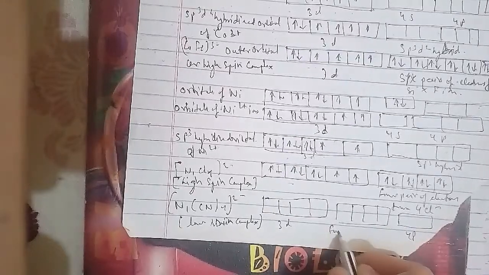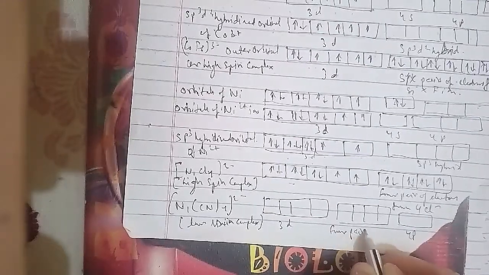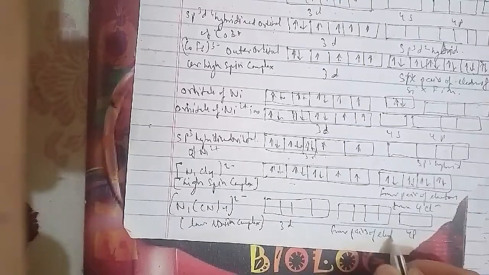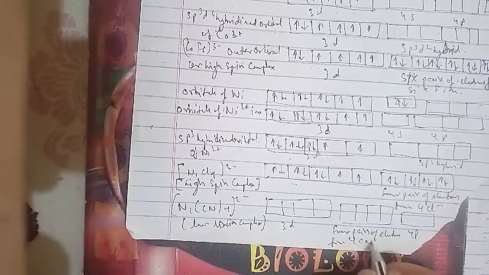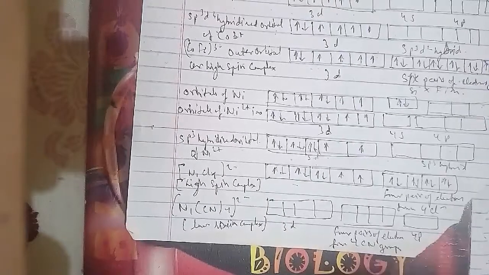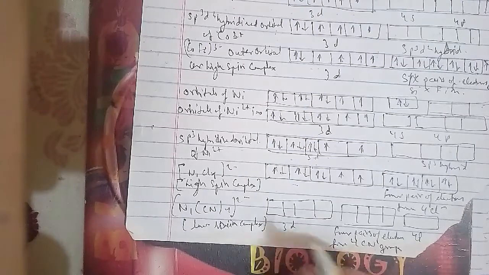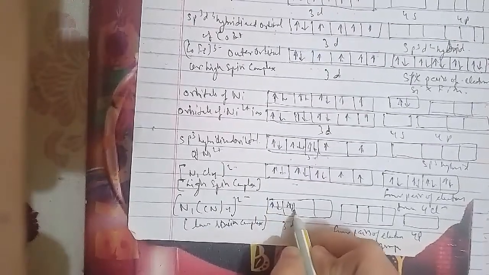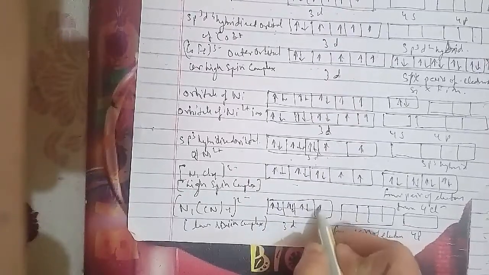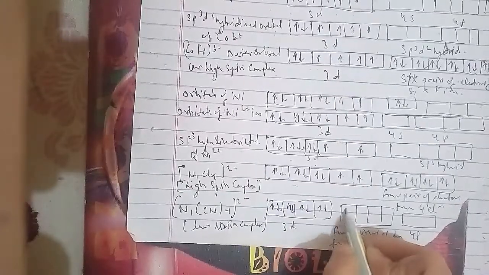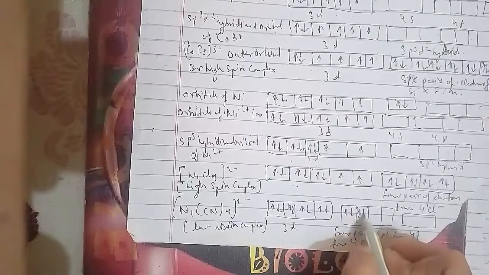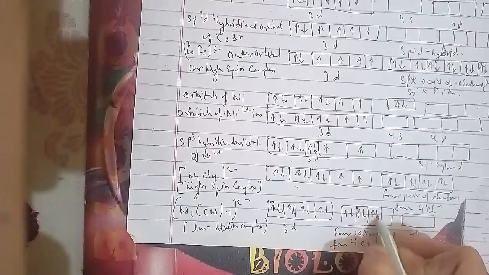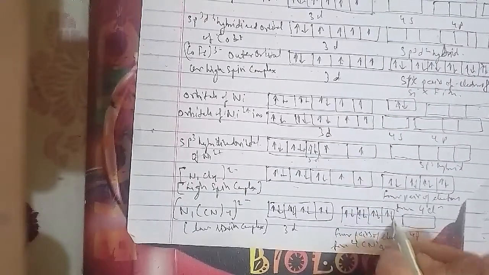This is your 4 pairs of electrons from the 4 CN groups that we have. For the same, it will be represented like this only.